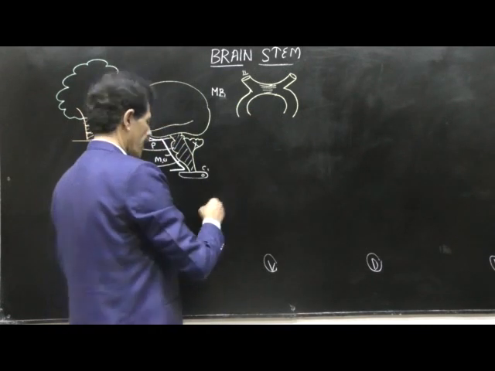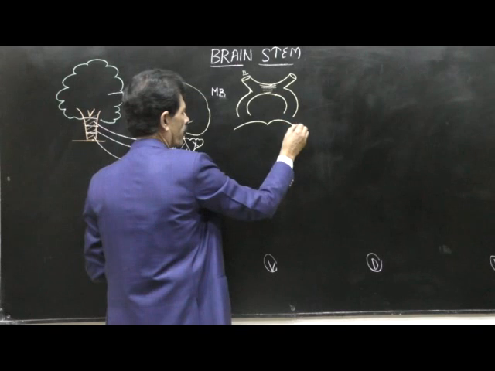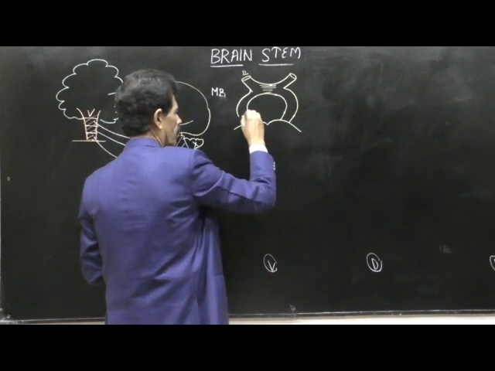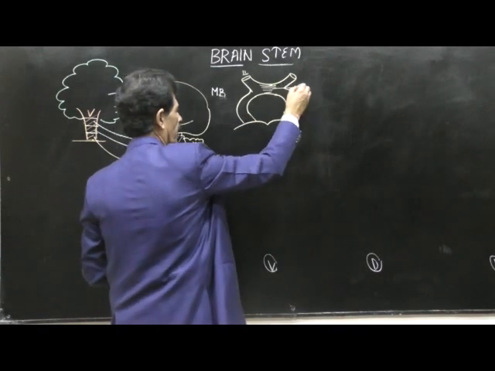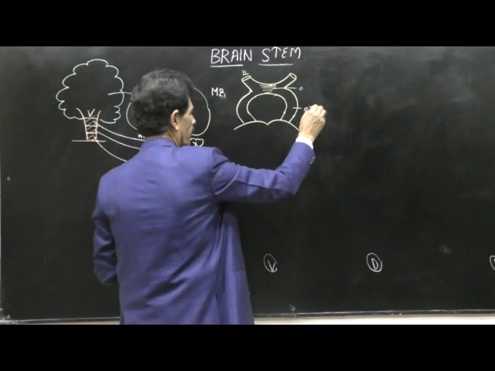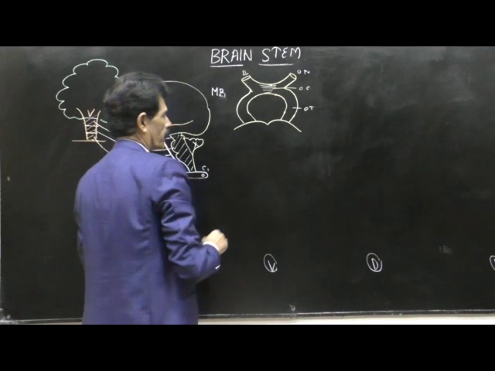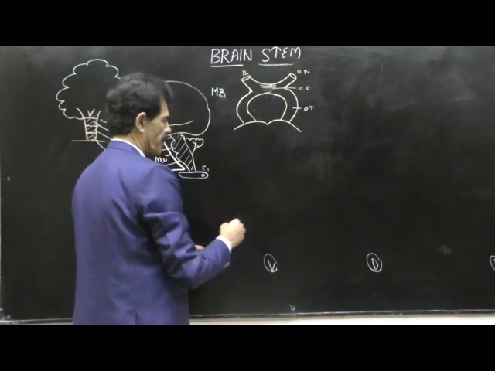And these optic tracts disappear at the anterior border of the pons. So this is the optic nerve, this is the optic chiasma, and this is the optic tract. This is the interpeduncular fossa of the midbrain, or the ventral surface of the midbrain.